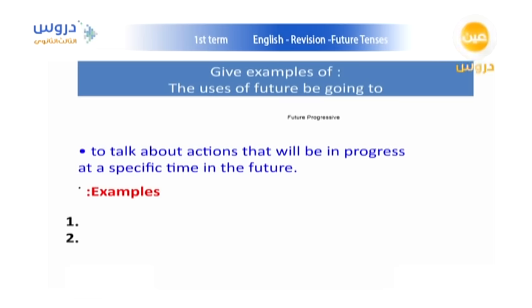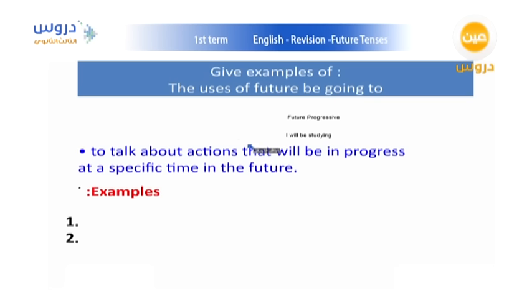Can you think of the form of the future progressive, Amir, which is the future continuous tense? For example, I will be cooking. I will be studying. This is the future progressive.